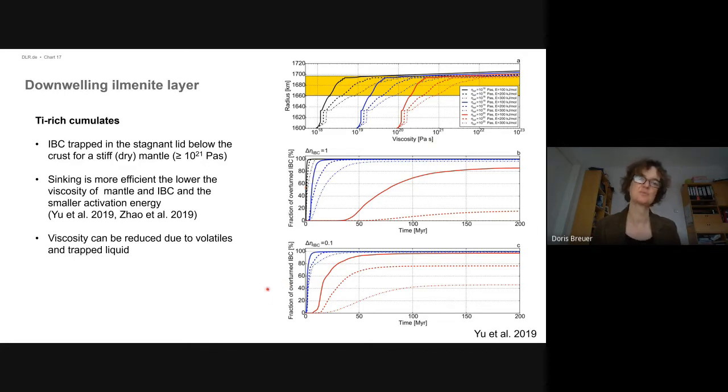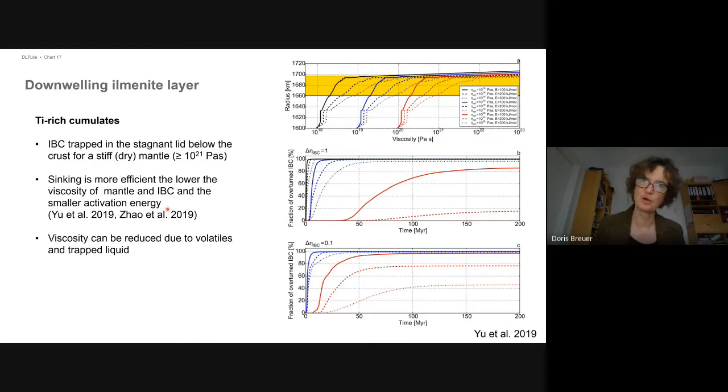In that case, we have assumed that the IBC layer has an even lower viscosity, and the efficiency of bringing the material into the interior is higher. So to conclude, the sinking is more efficient the lower the viscosity of the mantle and the IBC layer is, and also the lower the activation energy.